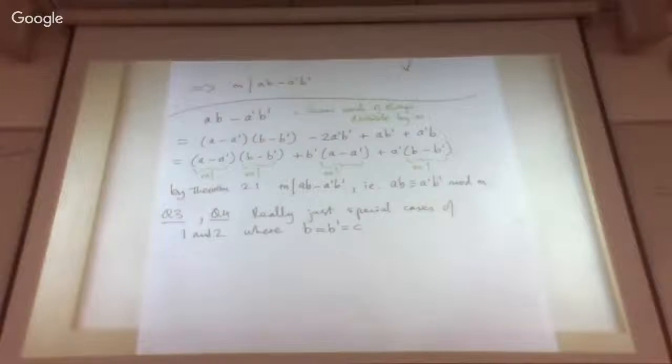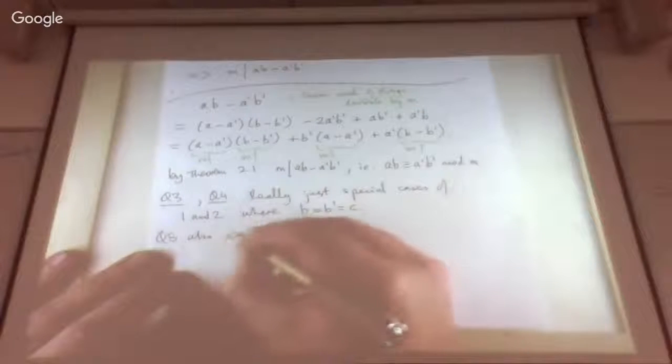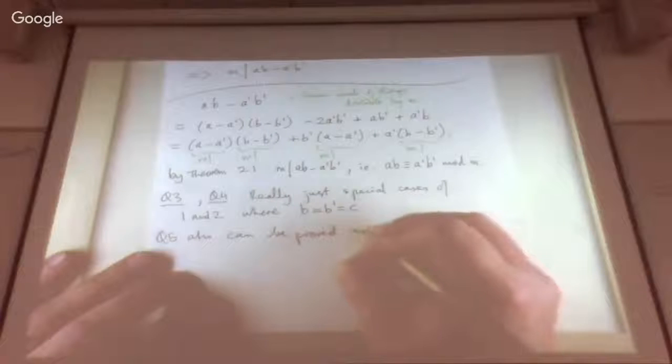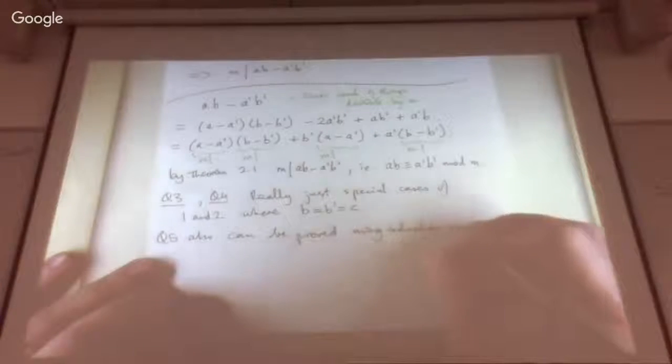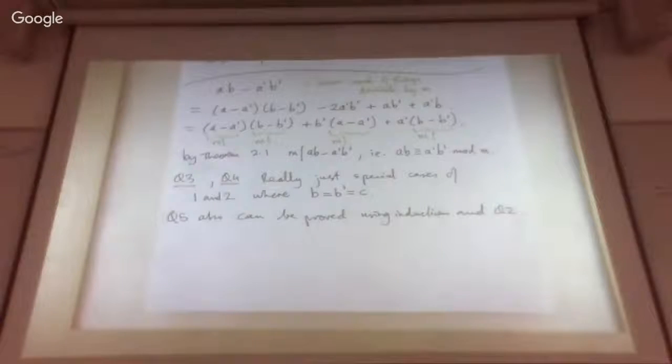And question 5 also, that can be proved using induction and part 2. Okay, because question 5 is referring to powers of A. The powers of A will always be congruent to the same power of A prime.